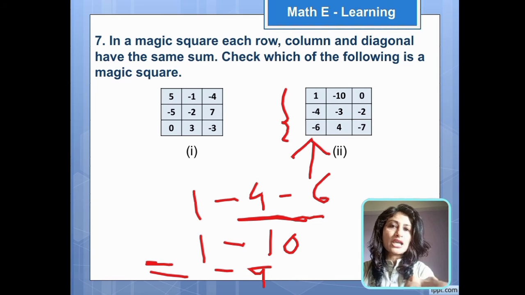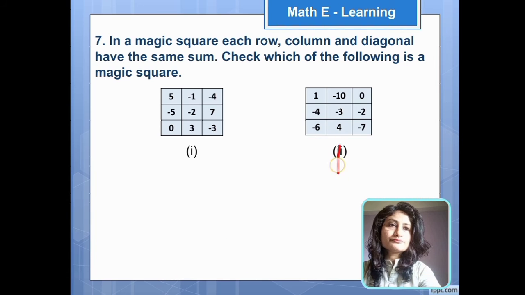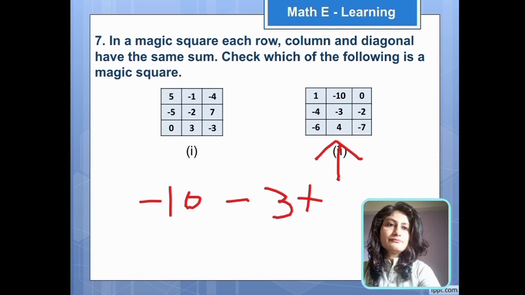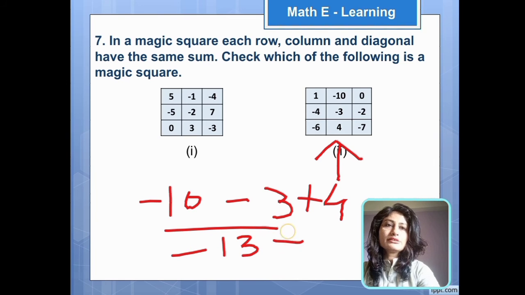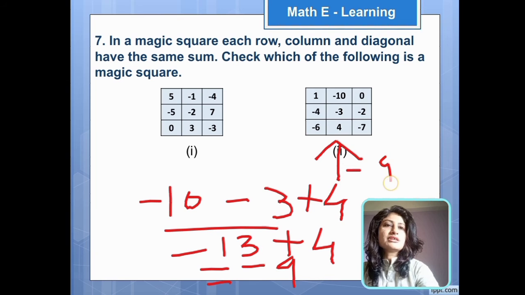Now we check for the second column. Minus 10, minus 3, plus 4. 10 plus 3 is equal to 13. 13 minus 4 is equal to 9 and the sign of the greater number. So the answer of the second column is also minus 9.